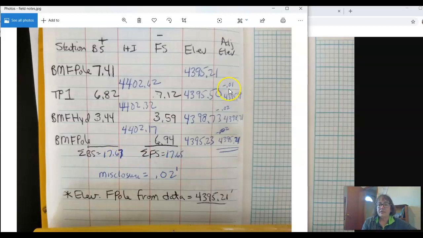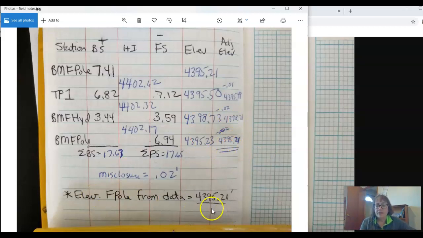So what that means is I'm going to have to subtract in order to get rid of that excess. If it was the opposite, if the forward sights was greater, I would have to add to make it come out. But the big deal is that whatever the elevation of the flagpole is at the beginning, it has to be the same as the adjusted elevation of the flagpole at the end. Or if you start from the fire hydrant, same thing.